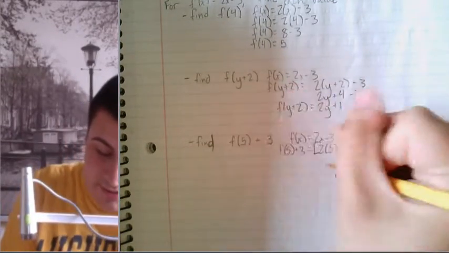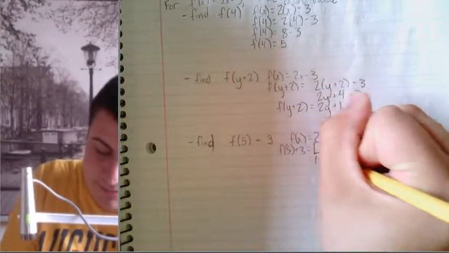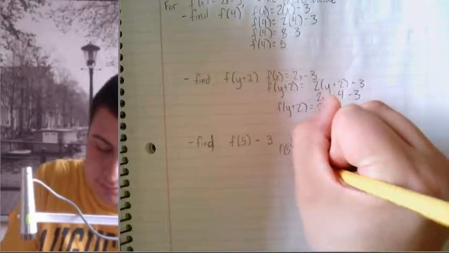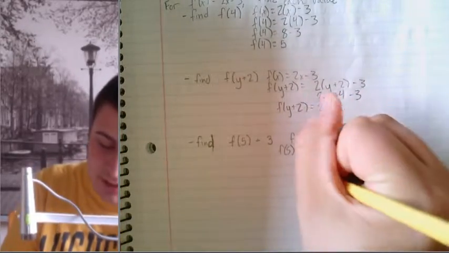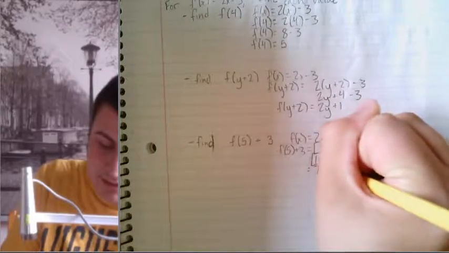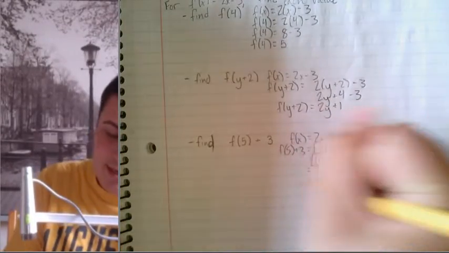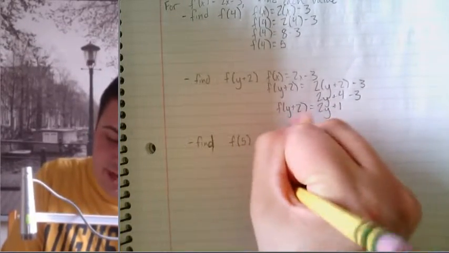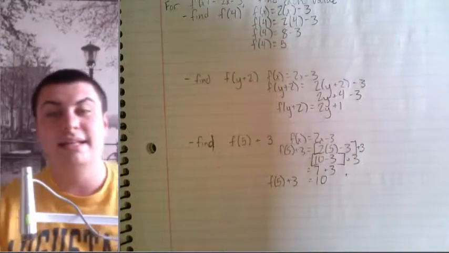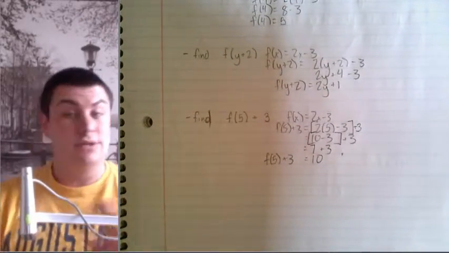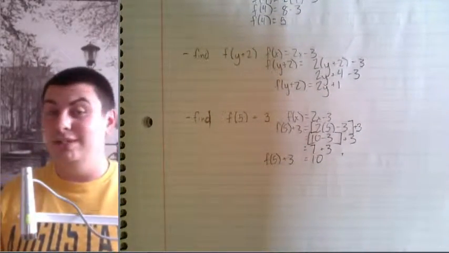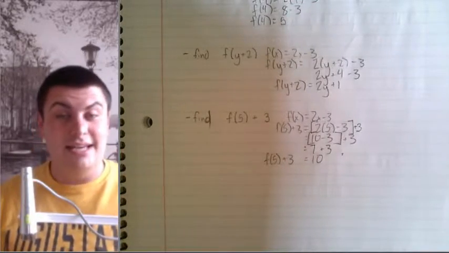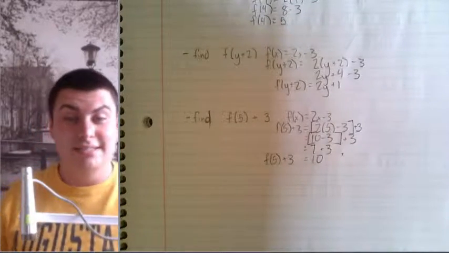So we're going to evaluate this being 10 minus 3 plus 3. So we have 7 plus 3, which is 10. So f of 5 plus 3 is equal to 10. We don't simplify it any further. We don't need to do anything else. f of 5 plus 3 is equal to 10.